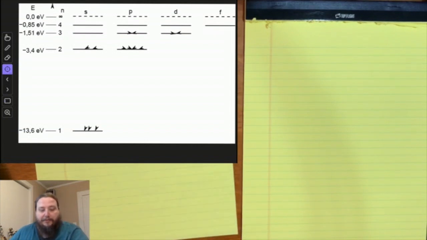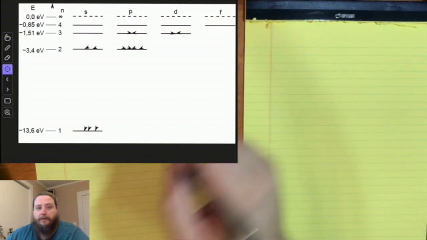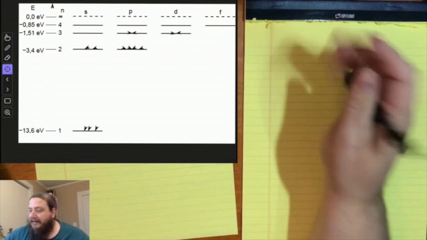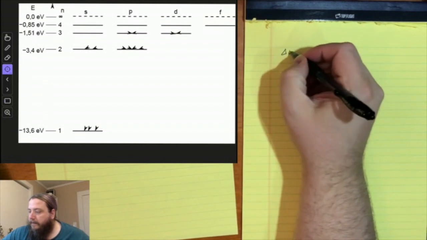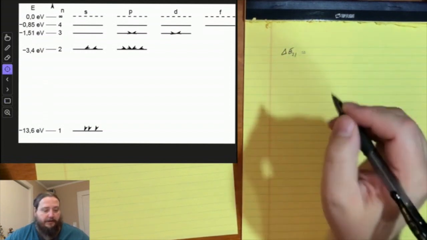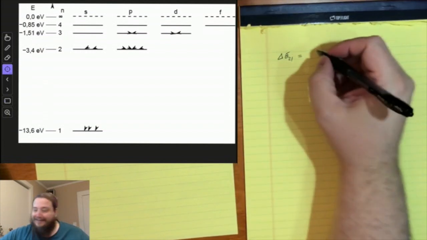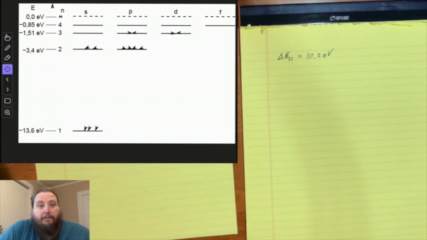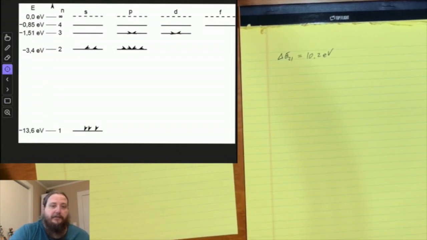So the difference between the ground state of hydrogen and the first excited state of hydrogen, so the n equals 1 to n equals 2 state, that's a delta E from 2 to 1 of 10.2 electron volts. Again, that's a pretty big jump between the ground state of hydrogen and the first excited state of hydrogen.